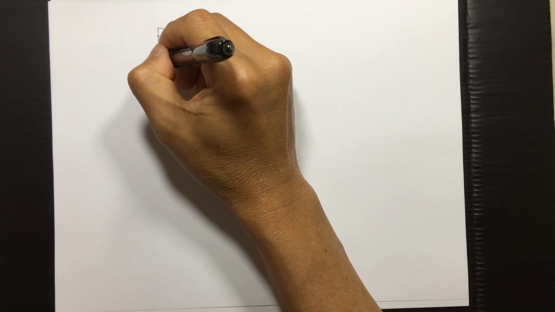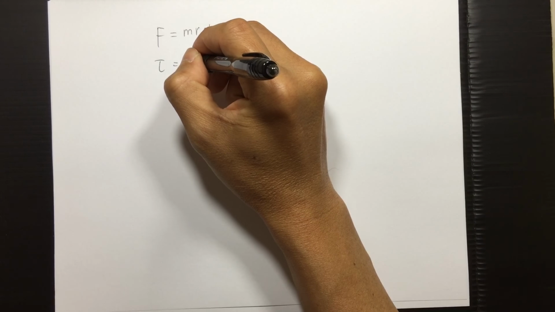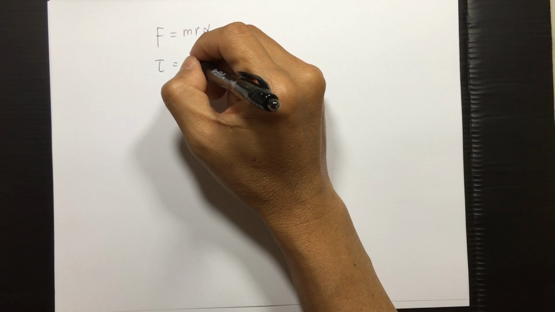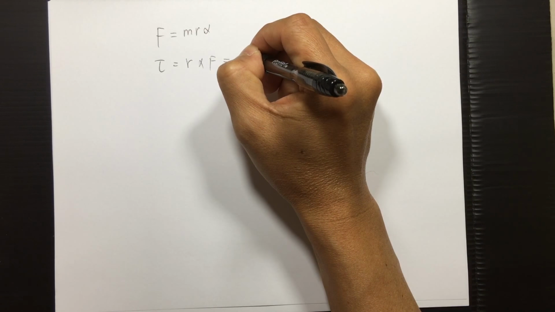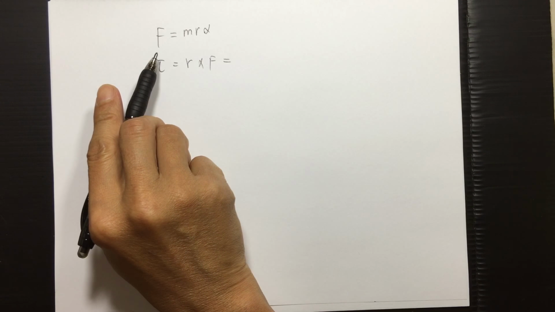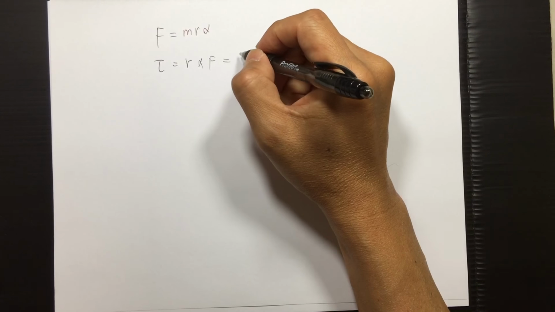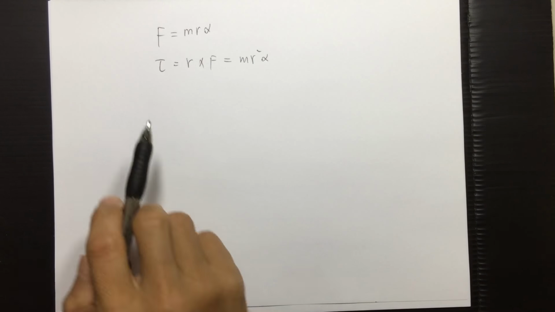So to speak, this equals r cross F, and this is the F. R is r, m r squared alpha. I'm just substituting this in.